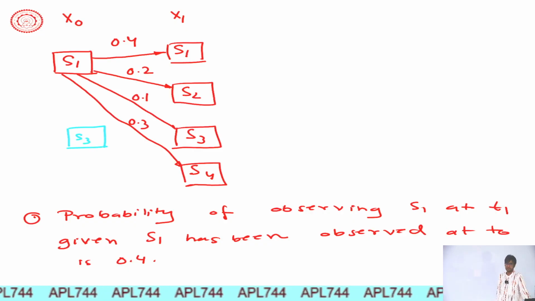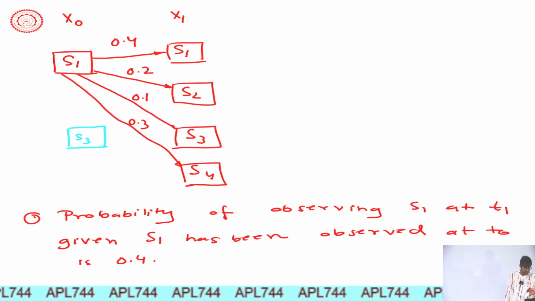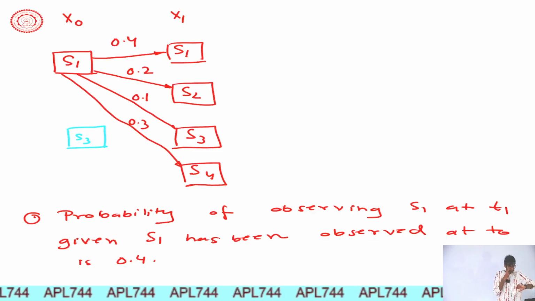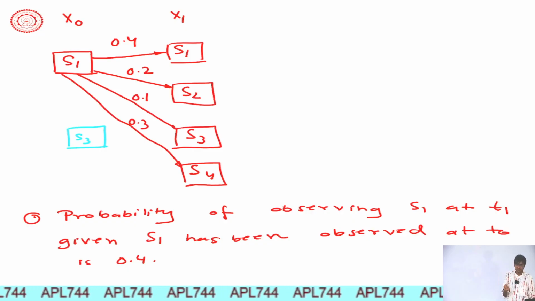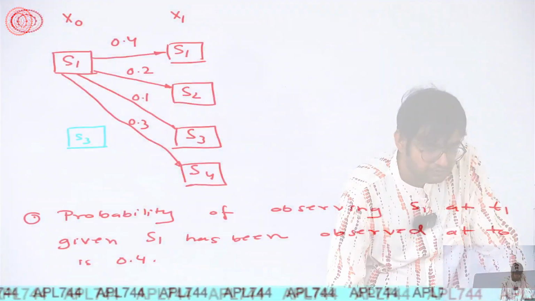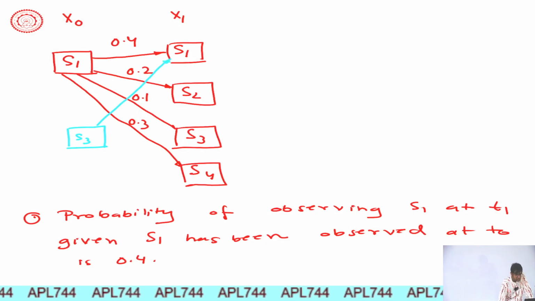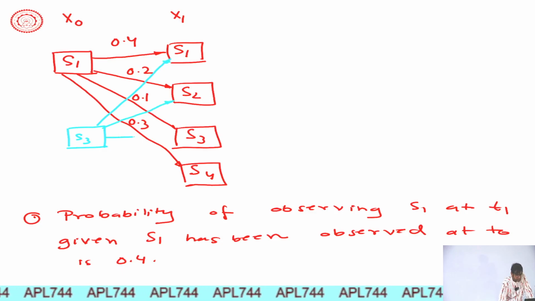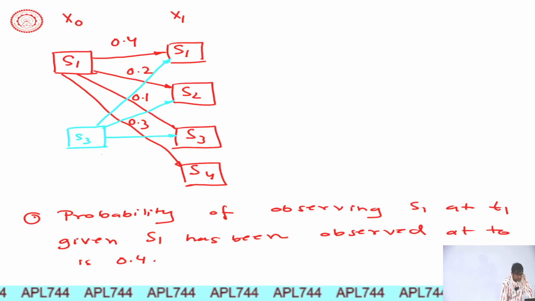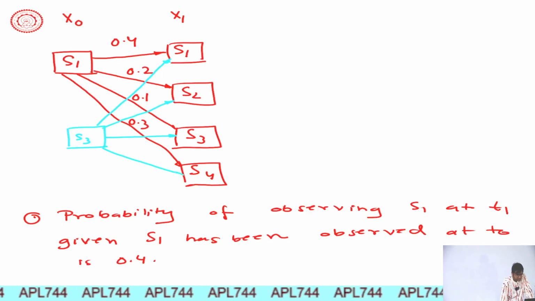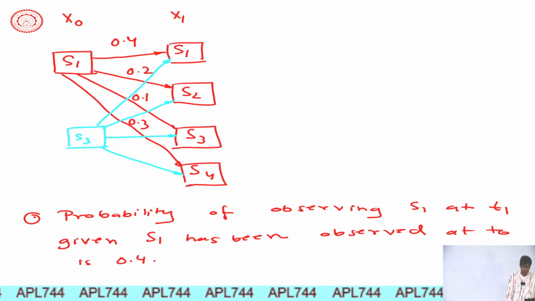Now given that I have observed S3 at T0, I might look into the probability of observing S1, S2, S3 and S4, right?